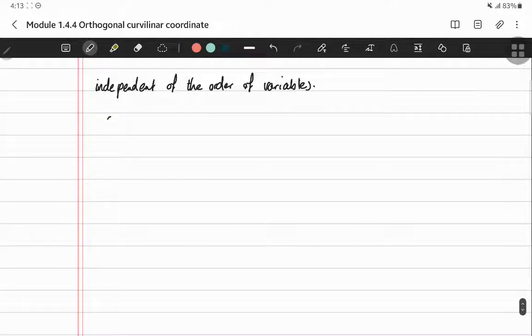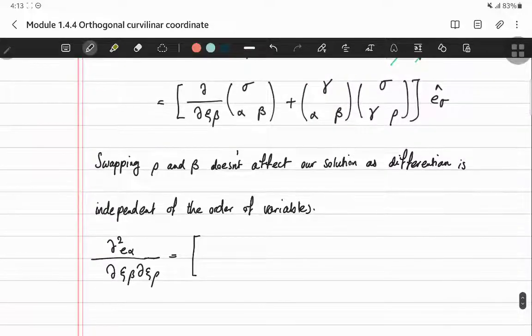So we have the second derivative of E alpha with respect to first Z beta and then rho, for example. So we swap these in here. So we have rho of, this becomes rho. So no, this is beta.